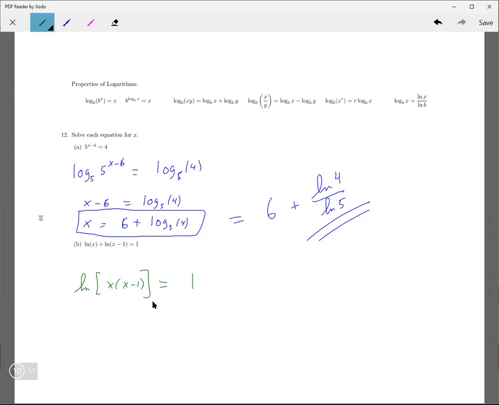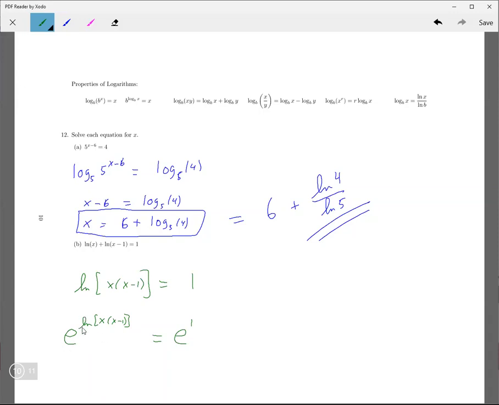And the next thing that we want to do is what I call exponentiate. So the inverse of the natural log is the e, okay? So I'm going to start with e equals e, but then I'm going to put this in the power over here. And I'll put this in the power over here.